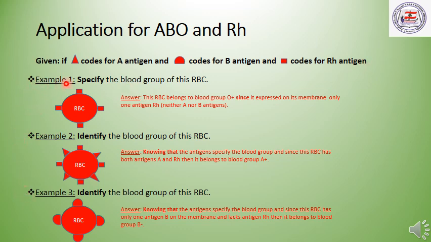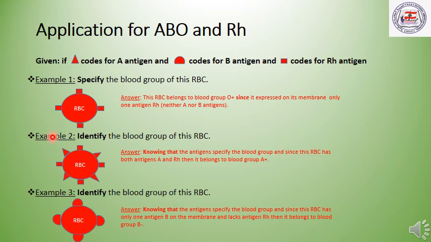In example 1, the question is, specify the blood group of this red blood cell. The answer is, this red blood cell belongs to blood group O positive, since it expressed on its membrane only one antigen, which is Rh. Neither A nor B antigens were present.